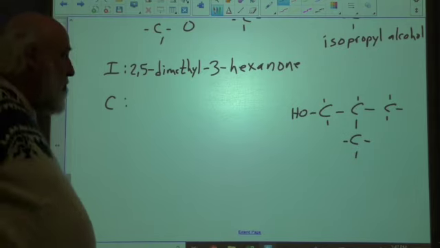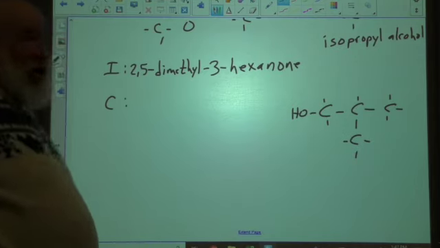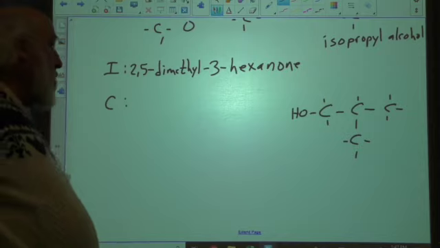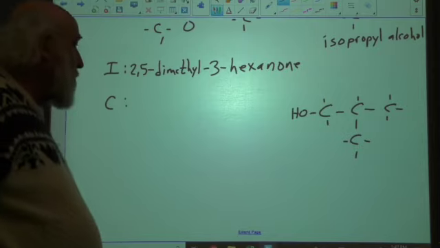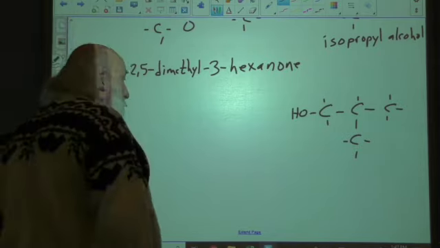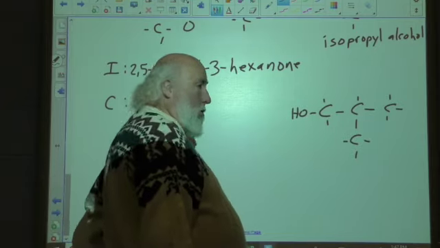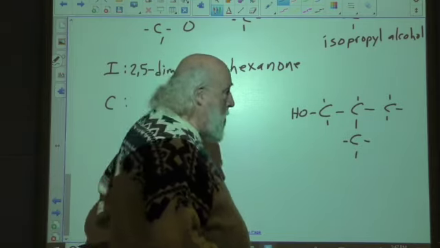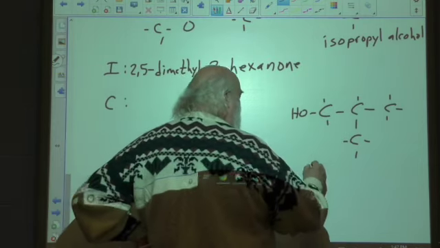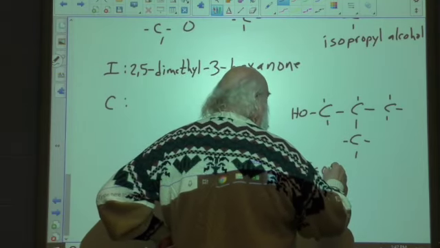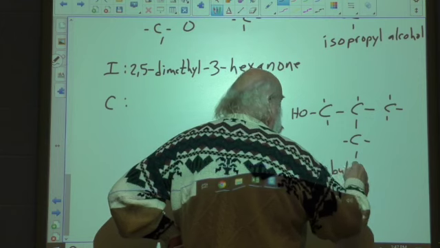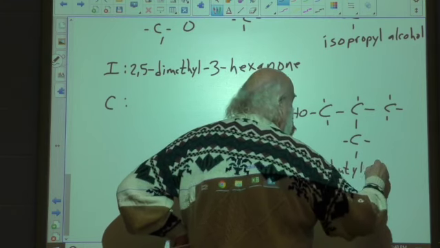Alright? What was the name of that alcohol? Well, you take a look at that chart, that collection that I gave you. This is called isobutyl alcohol.